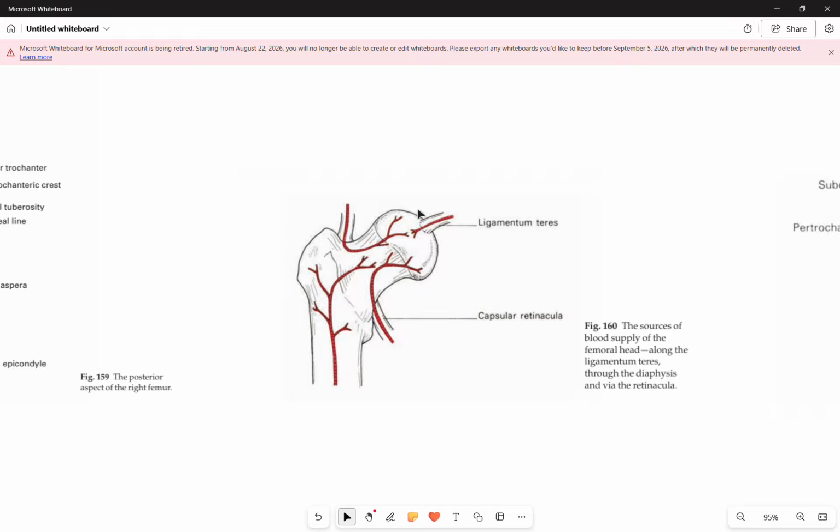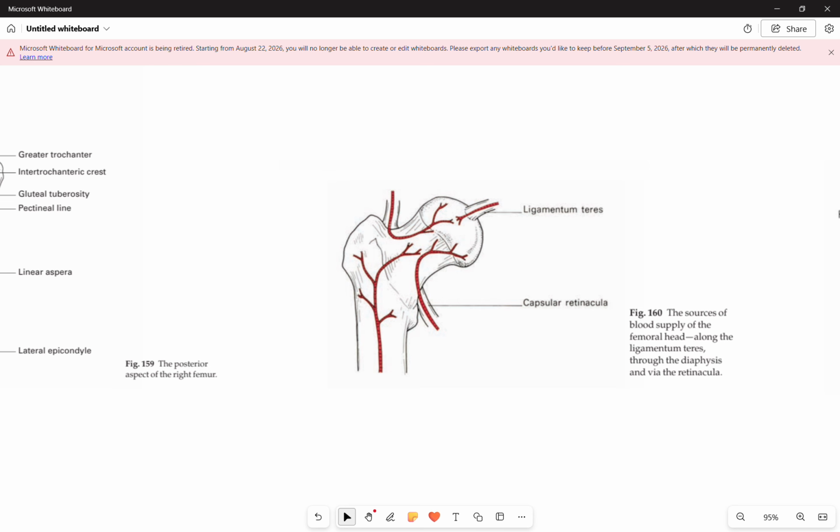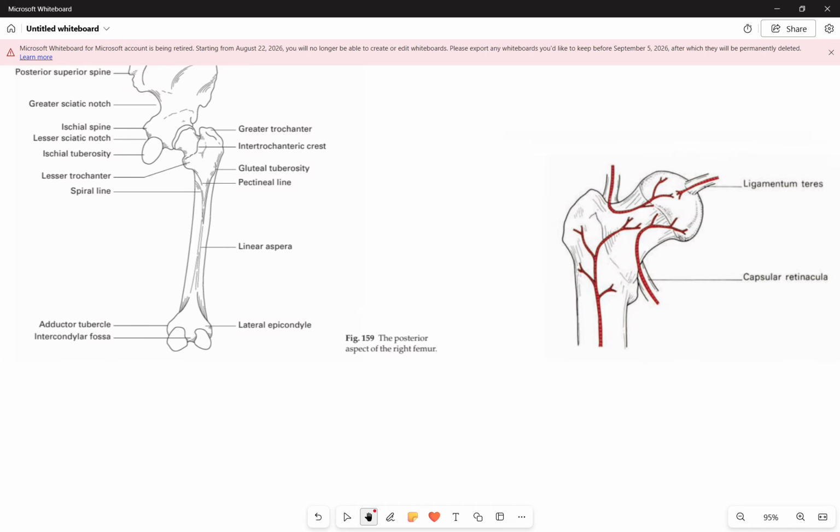So the blood supply of the neck and the head is very important. There are three sources. Number one, coming from the diaphysis. Number two, coming from the capsule. And number three, coming by way of ligamentum teres. Now I'll show you the importance of this when we are talking of fracture neck femur.